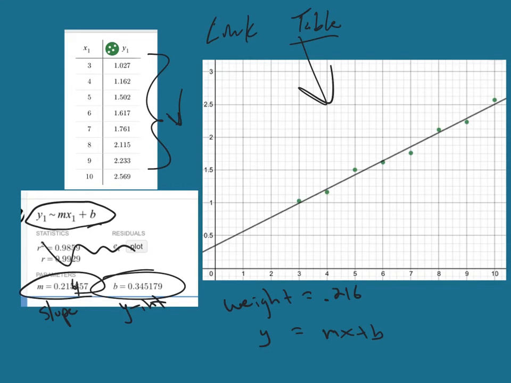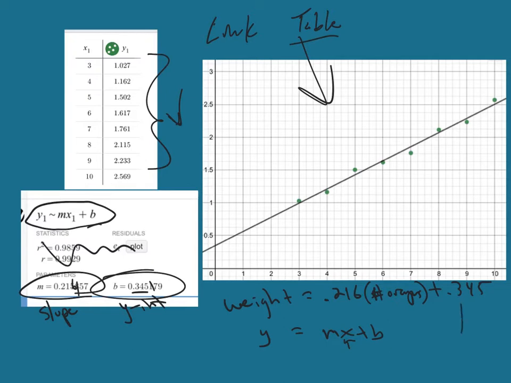And then 0.345, because the 1's smaller than a 5, we're going to leave that alone. So 0.216, and the x value is the number of oranges, so times number of oranges plus 0.345.